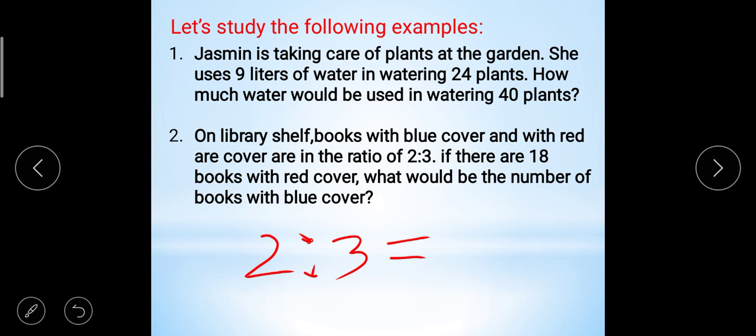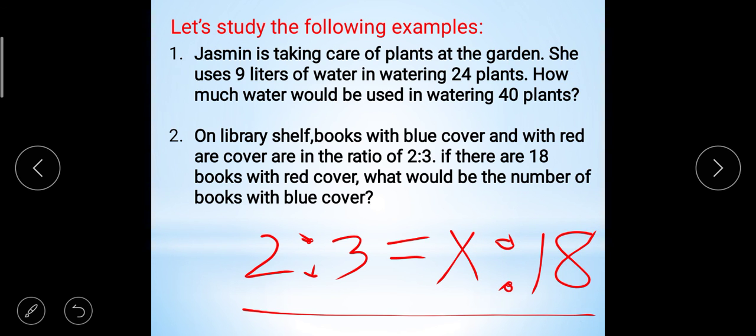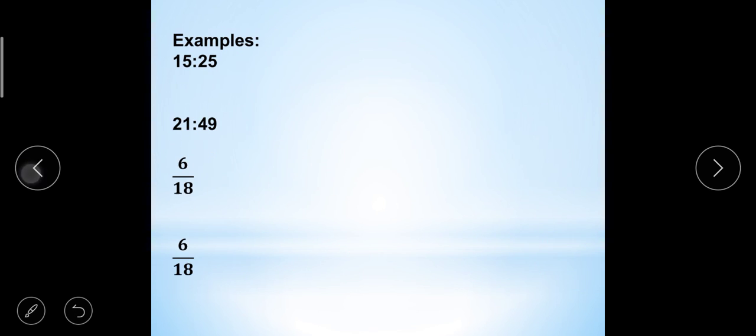Okay, 2 is to 3. So, we are missing blue. So, X din siya. And then, yung ating red will be 18. So, this is our equation.